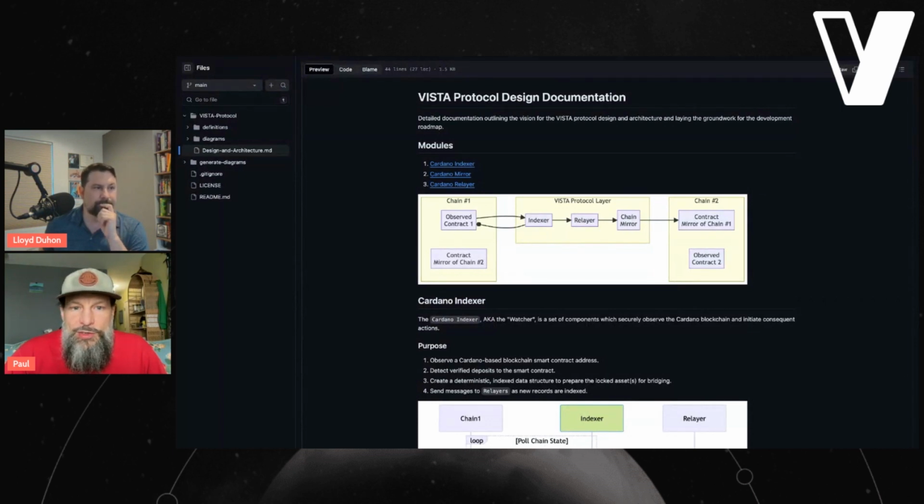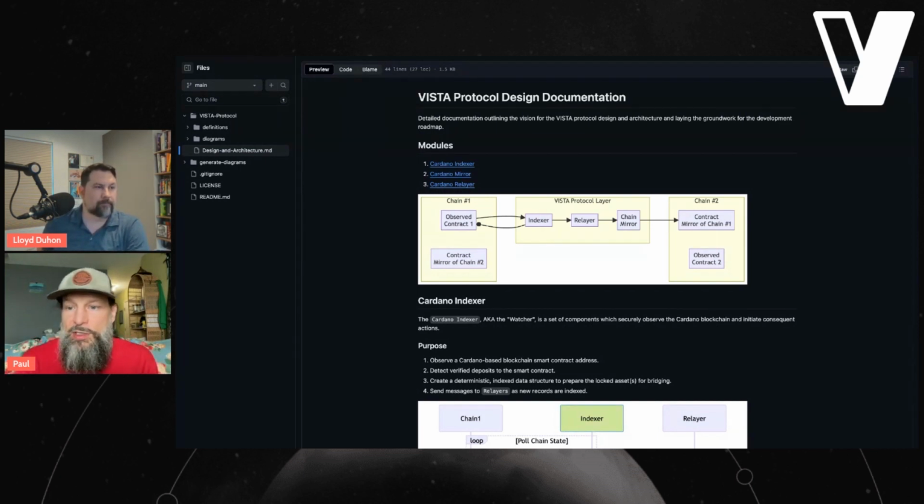That indexer is going to be watching a contract on chain number 1, watching for any transactions that happen there, essentially any funds that are getting locked inside of that contract. When it notices that funds get locked, that indexer's job is to update a data structure and then send messages.